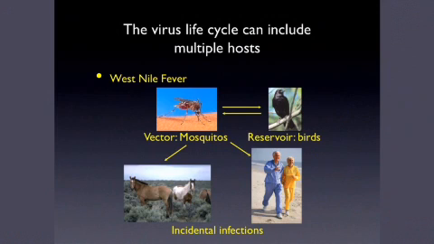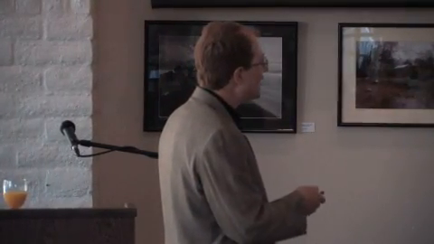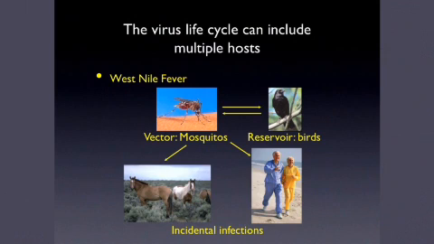This is actually responsible for, every so often you find on your streets, for example, dead ravens or crows. That's because the West Nile virus has gotten in. That's one thing that could kill them, for example, infection by West Nile virus. And then mosquitoes act as a vector to transmit West Nile virus between, say, horses and other mammals that are incidentally infected and humans. Okay, so this life cycle can be quite complex. It can include multiple hosts.